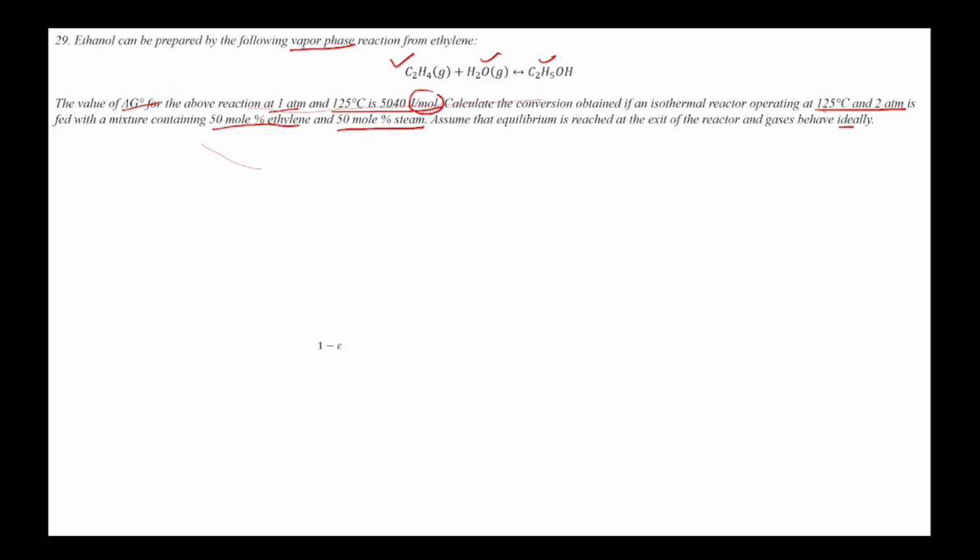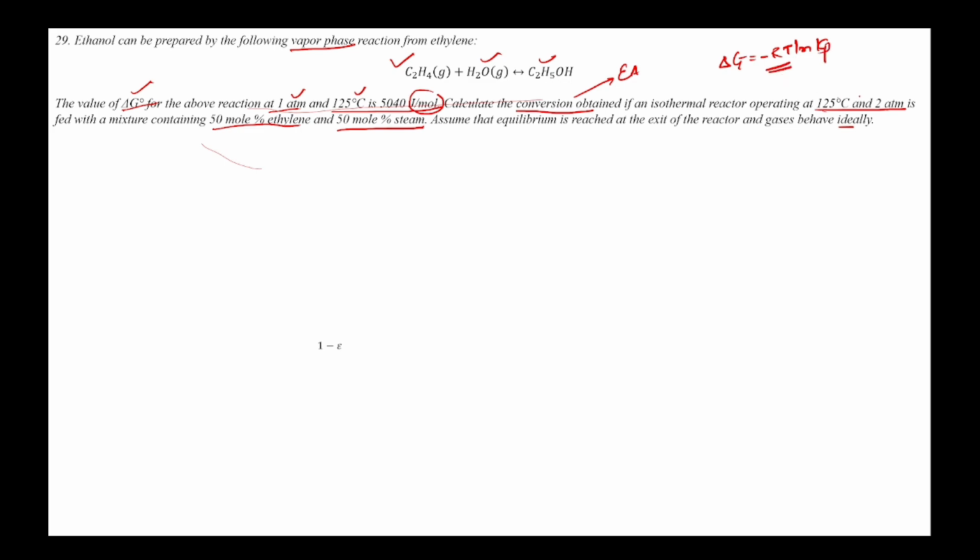So remember that delta G is given at 1 atm and 125 degrees Celsius, and we have to calculate the conversion, that is the extent of the reaction, at 125 degrees Celsius and 2 atm. So remember delta G is a function of temperature only. Delta G is equal to minus RT ln Kp, right?